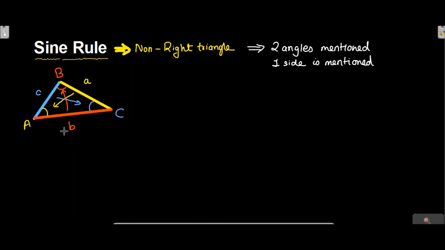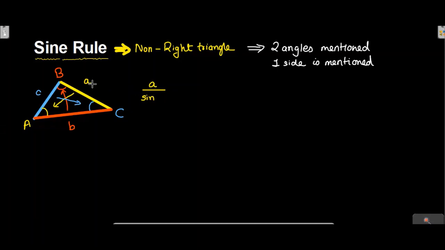Now let's talk about the formula. We write it like this: the side divided by the sine of the angle opposite that particular side.